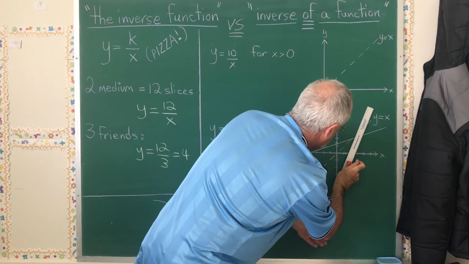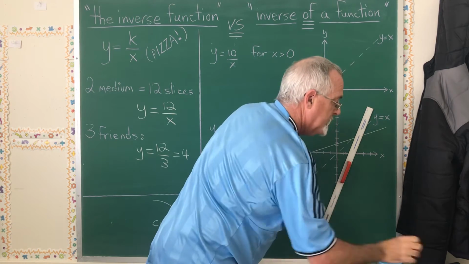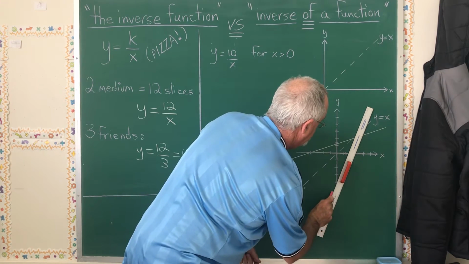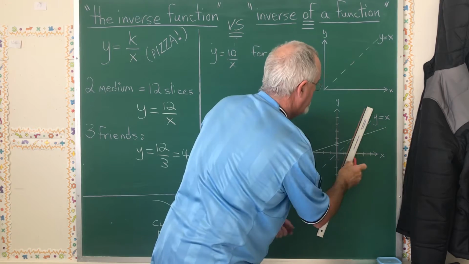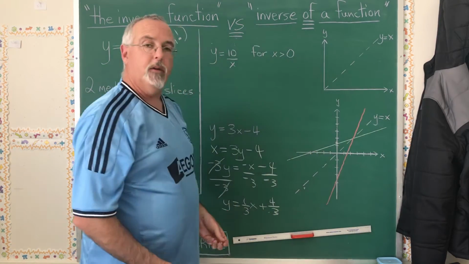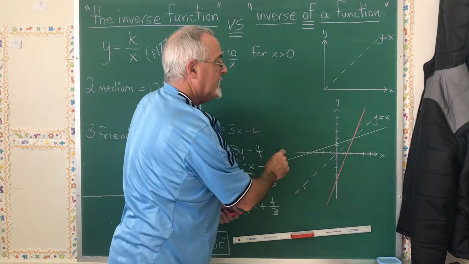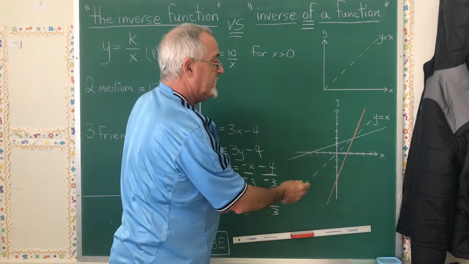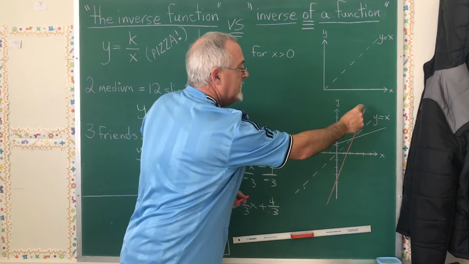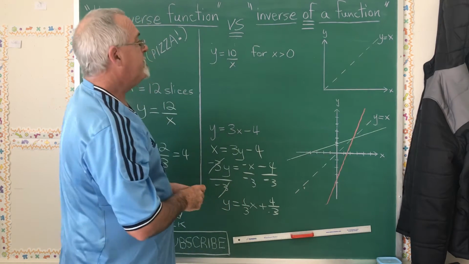What I'll do is I'll draw the original in red. And then you can see that although it's not drawn perfectly, the inverse is a mirror image, a reflection across the line y equals x of the original function.